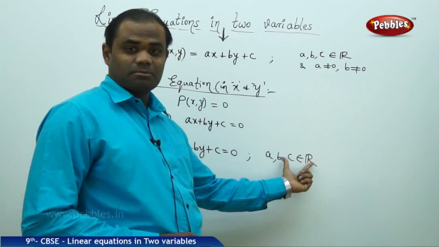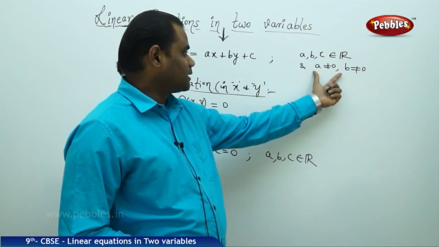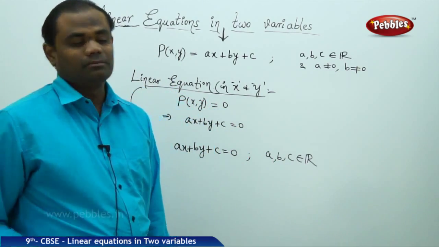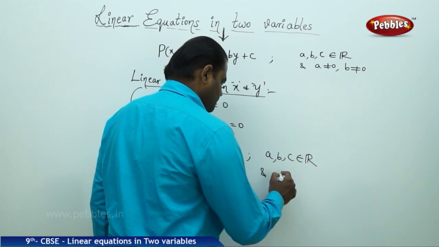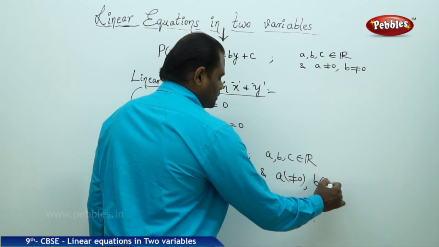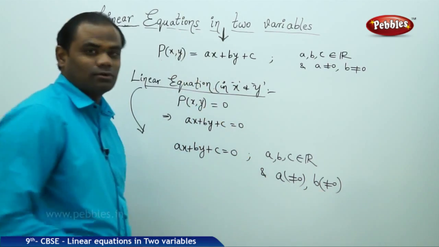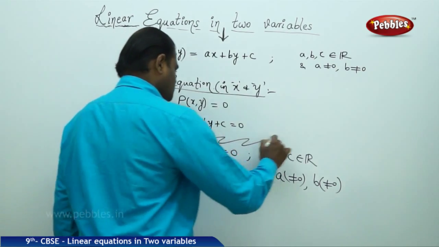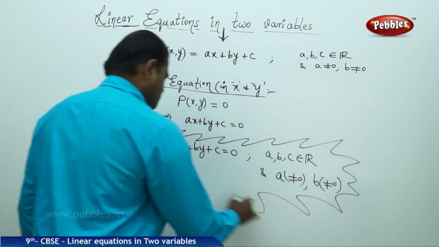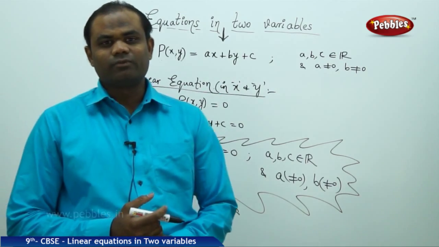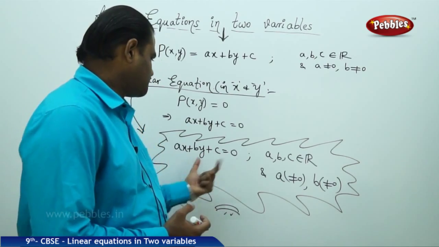So a, b, c must belong to real numbers, and the second condition being that a and b should be non-zero real numbers, and a not equal to 0 and b also not equal to 0 is how I define the linear equation in two variables x and y.